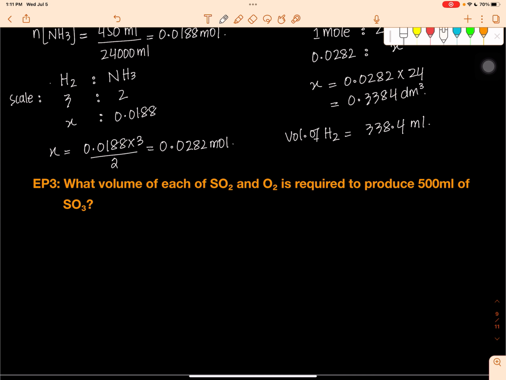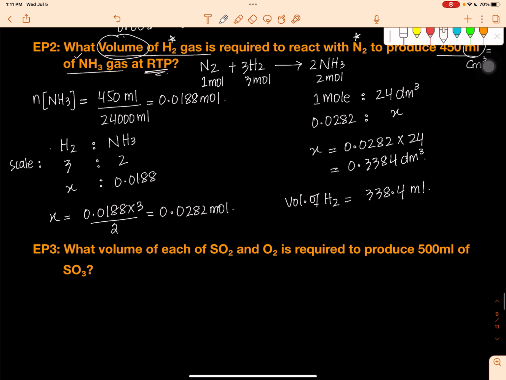Now another example problem. What volume of each of sulfur dioxide and oxygen is required to produce 500 mL of sulfur trioxide? This is not only about one of the reactants, it is about both reactants. Before, we were talking about only one reactant.